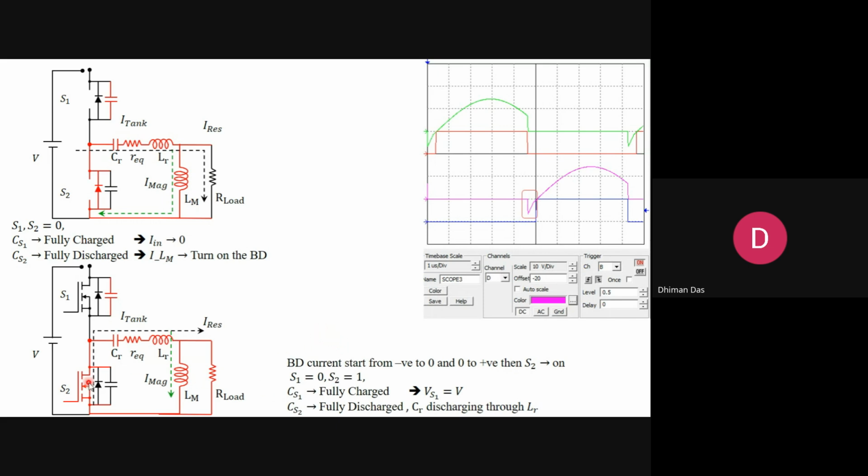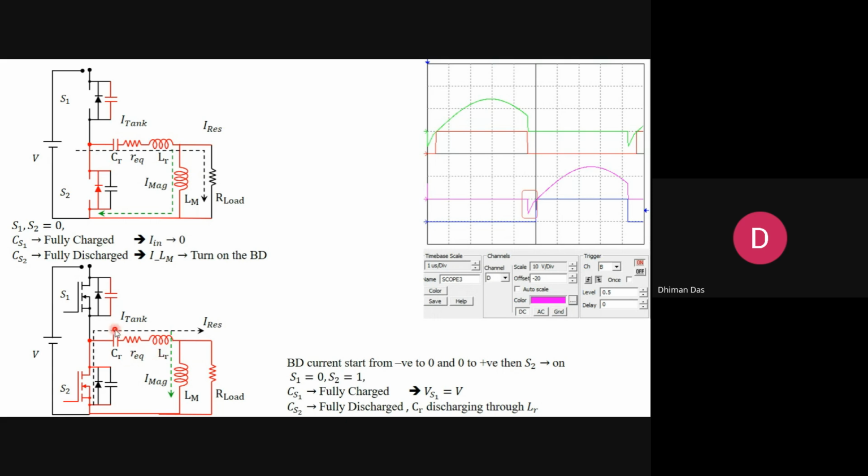Now when you turn on the bottom switch, the top capacitor CS is fully charged and the bottom capacitor is fully discharged. So now when you turn on the bottom switch, the negative half cycle of the resonance starts to appear.